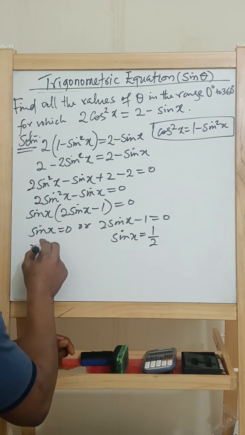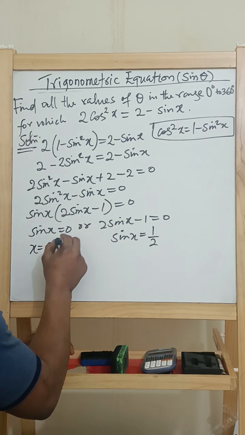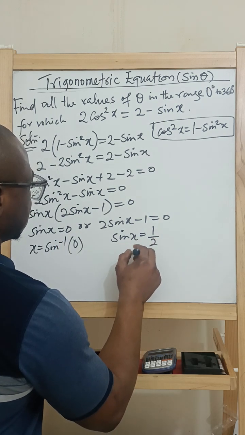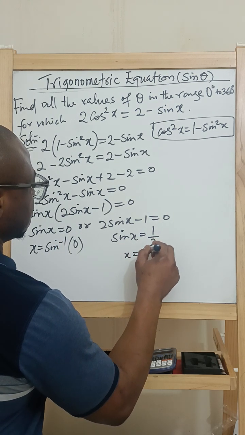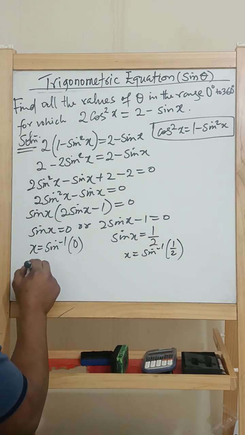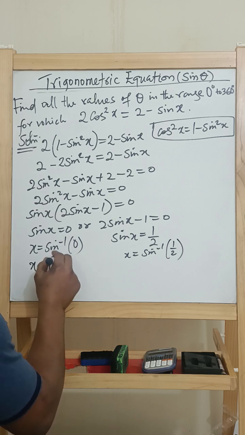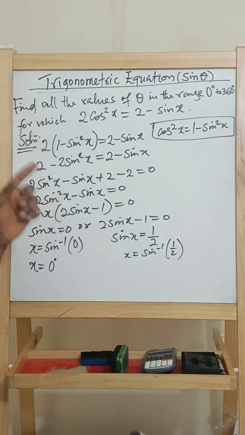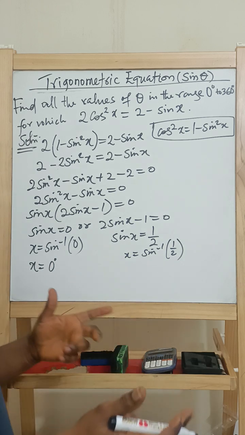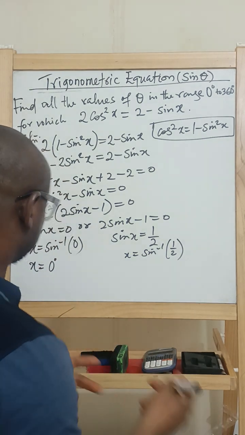So what is x here? x is arc sine 0, and for the other, x is arc sine 1 over 2. Arc sine 0 is 0, because sine starts from the origin. But this is not the only solution, so we have to find the general solution.